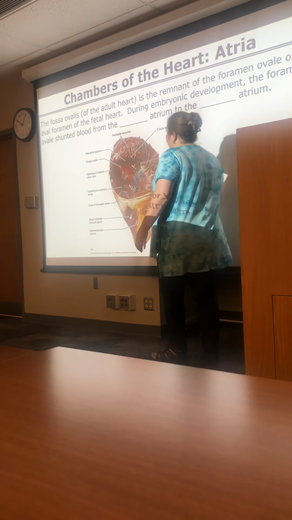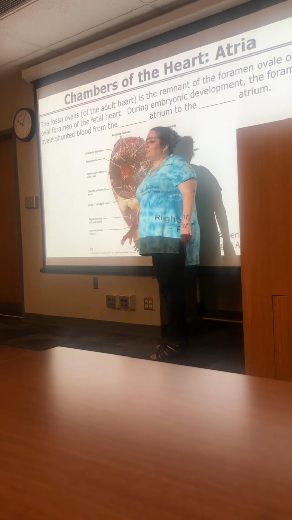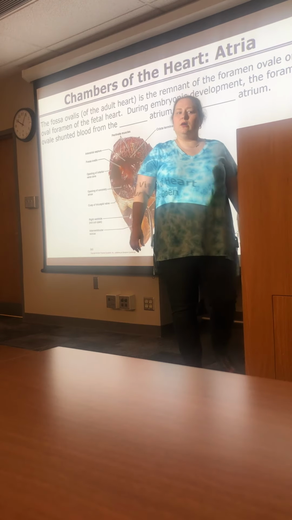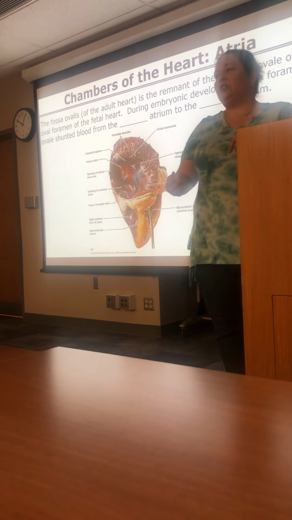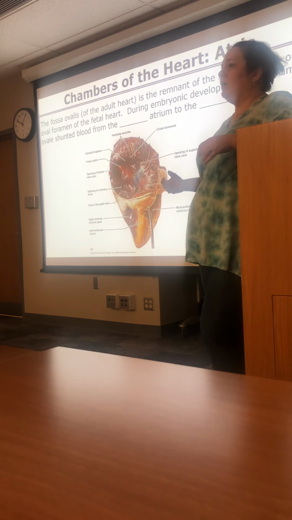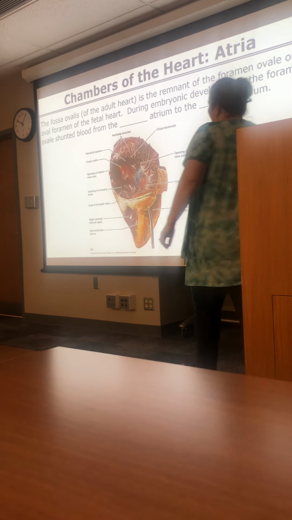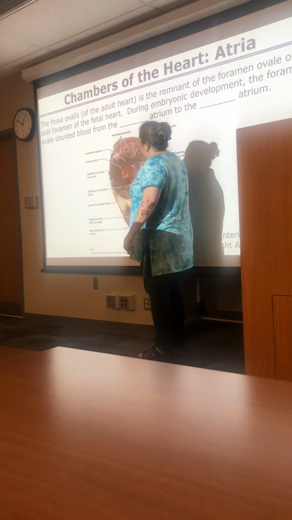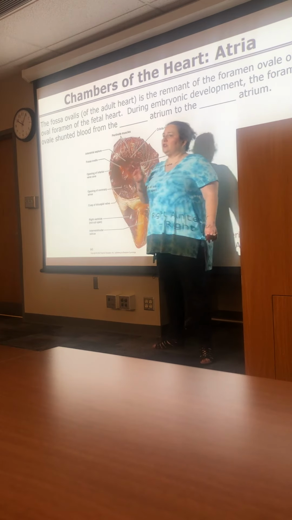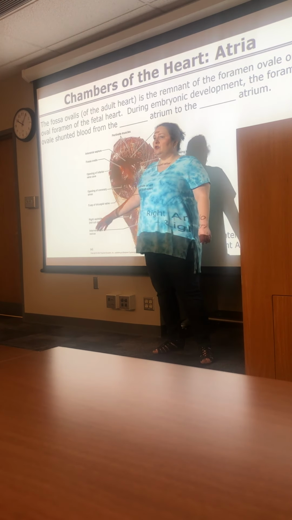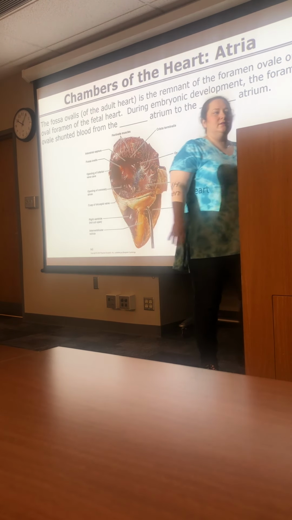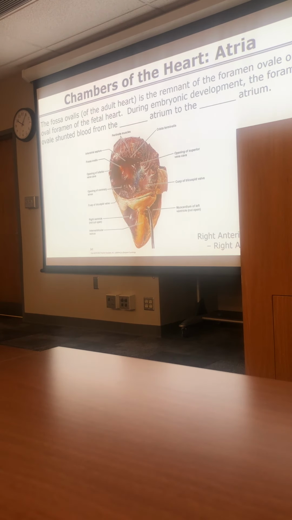Well, during embryonic development, we're not utilizing the lungs for the oxygen exchange, and so we're getting oxygen from mom. It's coming back into the right atrium, and so we want to shunt that oxygenated blood over to the left side of the heart, and so that foramen ovale allows us to do that.